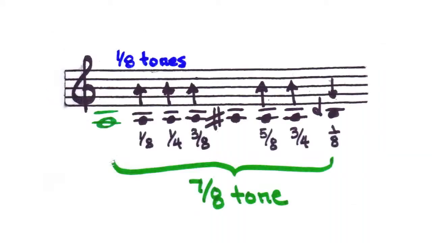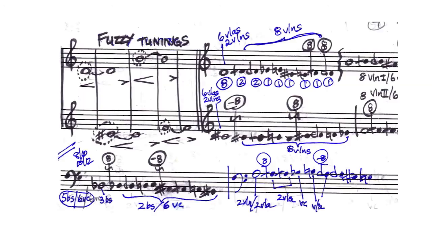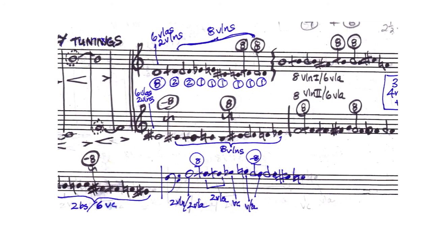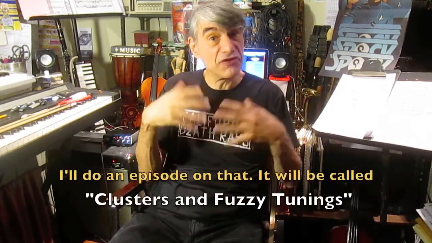And here's an 8-note cluster in eighth tones. These tight clusters start sounding less and less like chords. And I hear them, and I'm starting to think of them as multiple versions of a single note. And it's not really a chord. I call that one note with a fuzzy tuning.